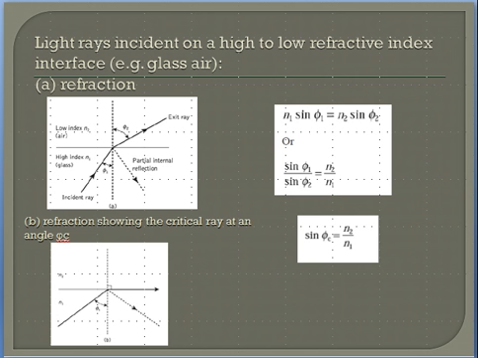This is the mechanism by which light at a sufficiently shallow angle, that is less than 90 degrees minus psi c, may be considered to propagate down an optical fiber with low loss.